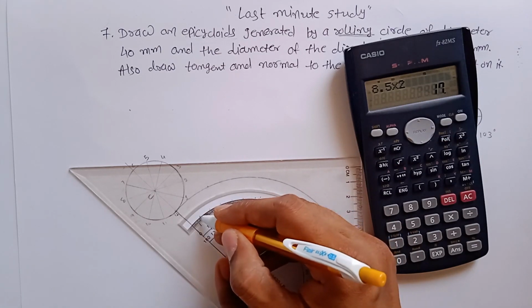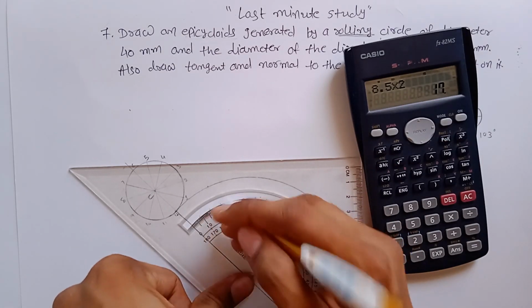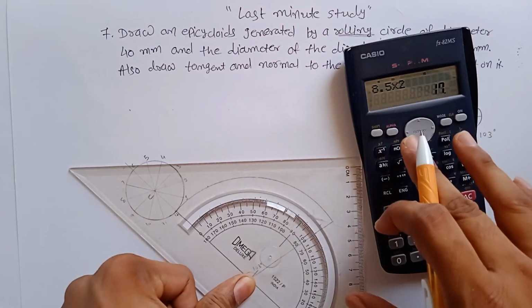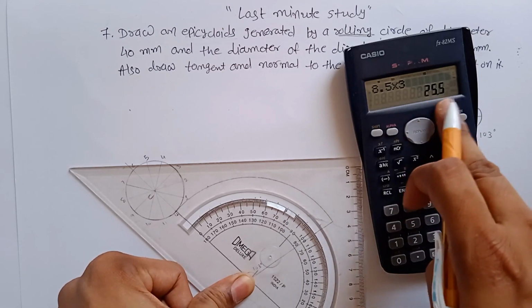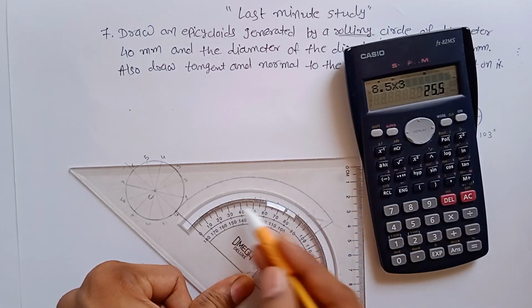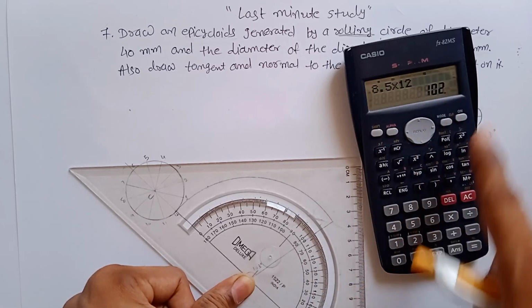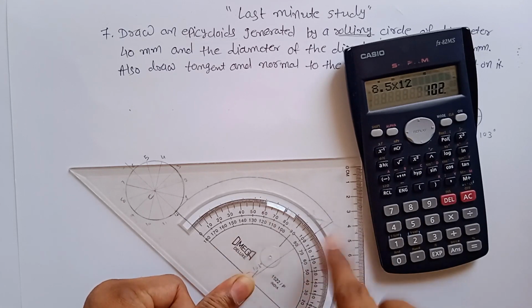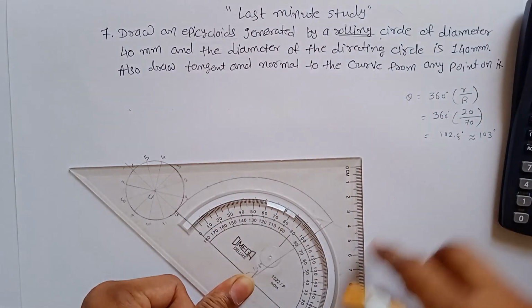Mark 8.5, then 17, then keep the compass steady and multiply by 3, which gives you 25.5, so measure 25.5. Accordingly, go up to 12. If you go up to 12, it gives you about 102 degree. This is how you divide this arc into 12 equal parts.